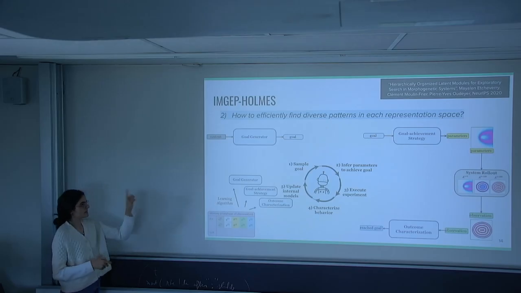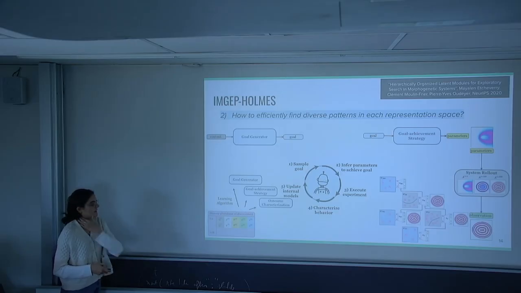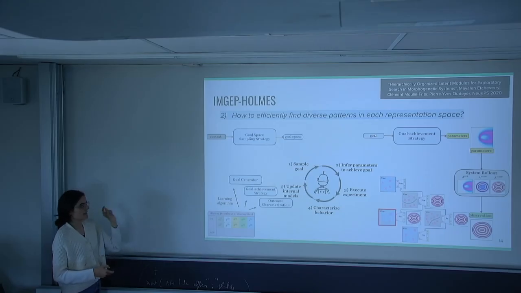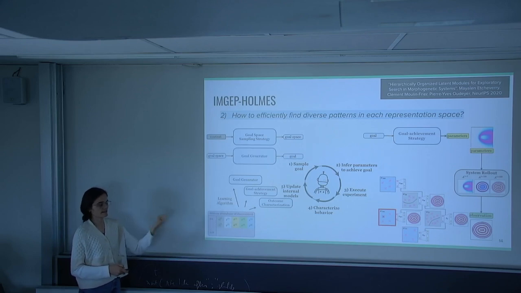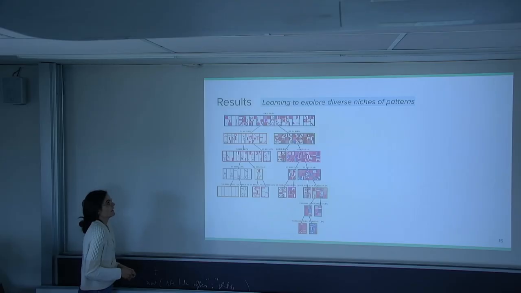And then, to go back to this exploration loop, we simply replace the monolithic representation with this hierarchy of representations, such that now when the agent is sampling a goal, it's first selecting a space and then sampling a goal in that space. And so that's kind of the results that we got from this approach.